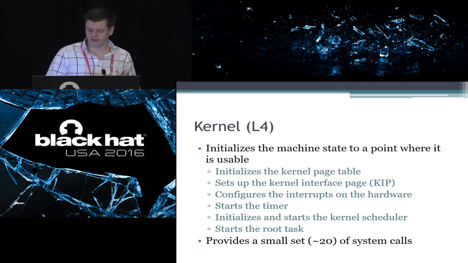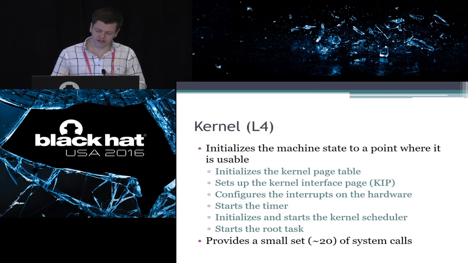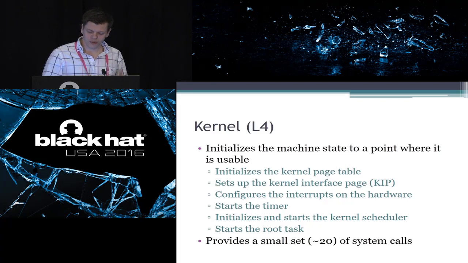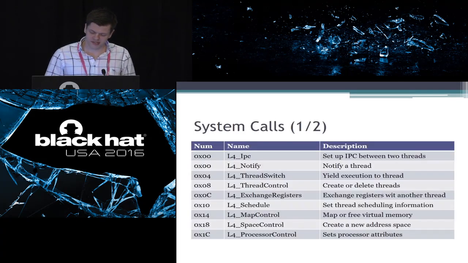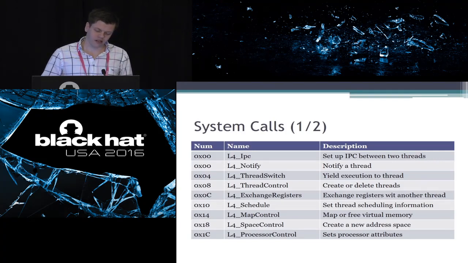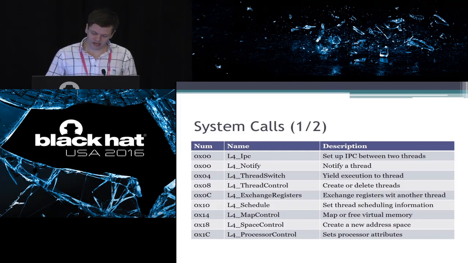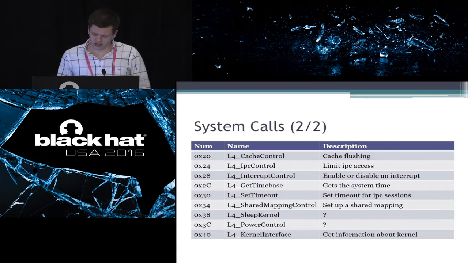The L4 kernel also provides a very small set of system calls, about 20, and these are then used by the root task to create more sophisticated services, like a memory management system, a way to do more complex things. If you're familiar with L4, a lot of these system calls are very familiar. Most of the system calls in SEPOS are the same as you'll see on any L4 implementation. These are just a few.